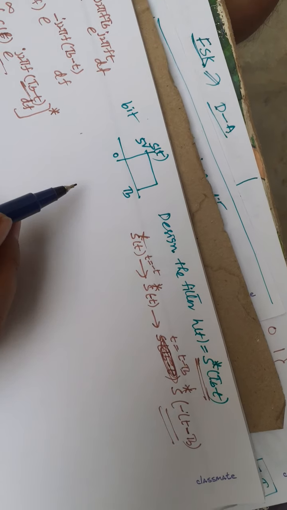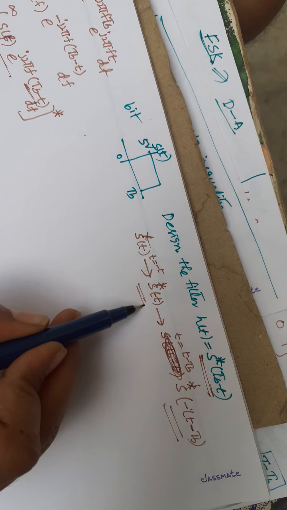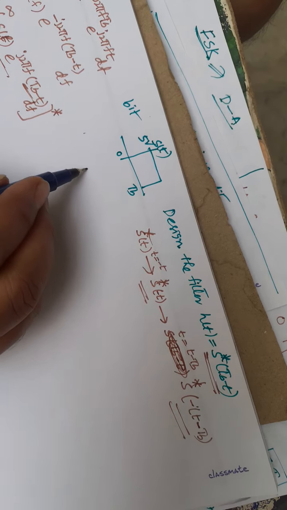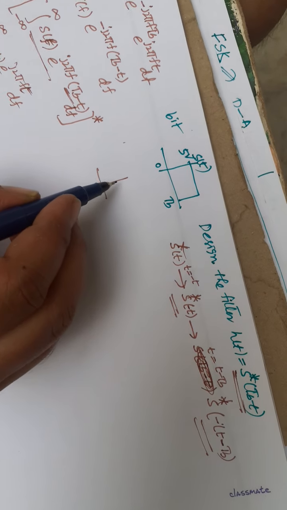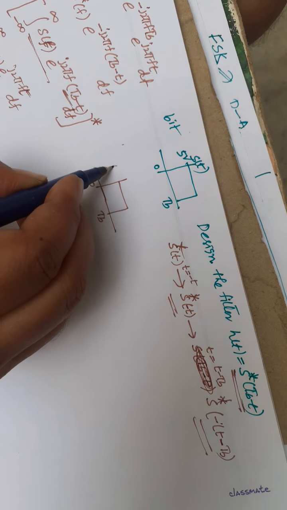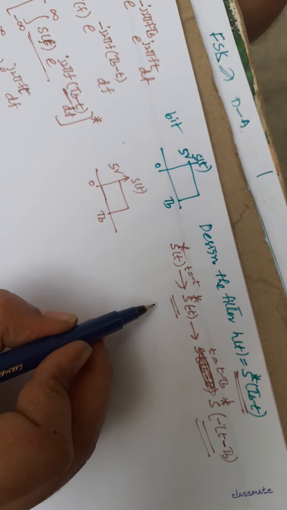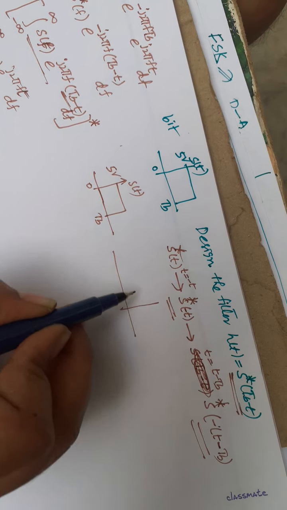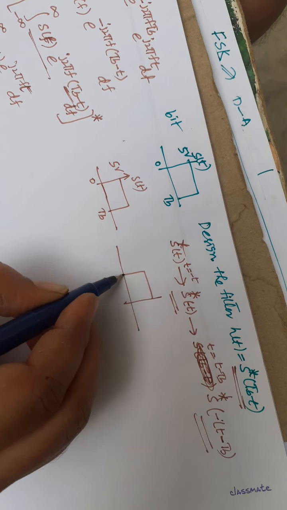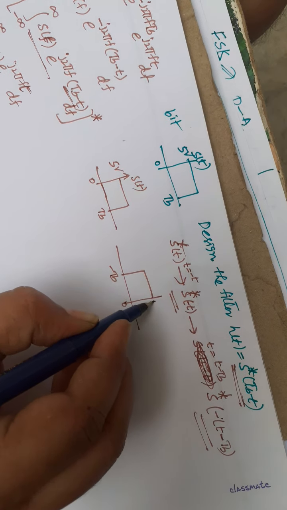Here this is my given input signal. First we have to perform the time reversal operation. This is my input signal s(t), 0 to Tb, 5 volts. Now s(minus t) means time reversal: the entire signal is shifted to the negative side, the mirror image, from minus Tb to 0 at 5 volts.